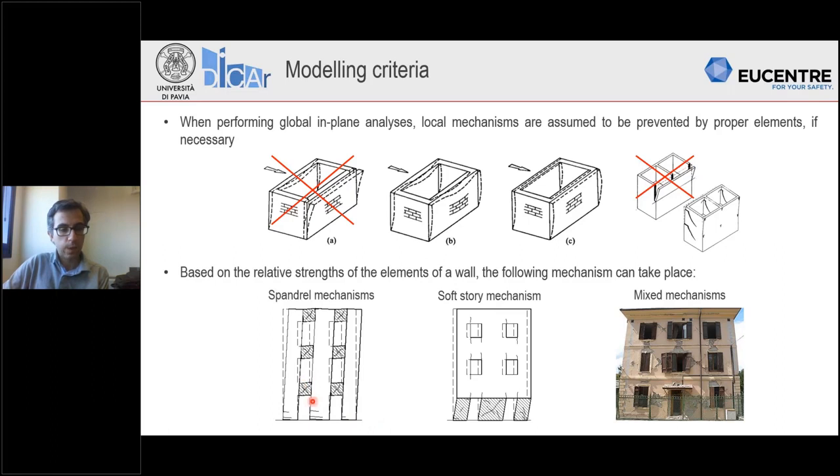You will have spandrels which are damaged, and so the mechanism is controlled by piers. On the opposite side, if you have strong spandrels, damage will be concentrated into piers, and so you will have a soft story mechanism. Of course, reality is somehow in between, because normally mixed mechanisms take place, with damage both in piers and spandrels.